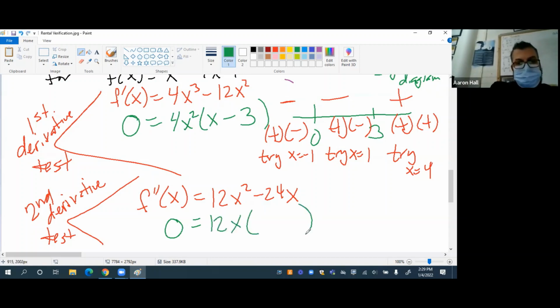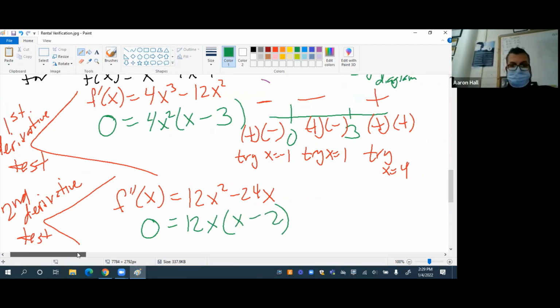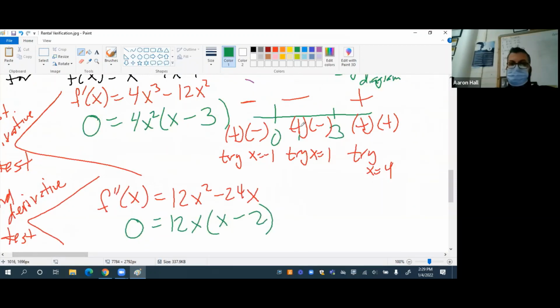What's left behind when I factor out a 12x? X minus 2. What are my critical points? 2. 0 showed up again. It should, because it's an inflection point. It should show up again. Okay, so our critical points, we have 0 and 2.